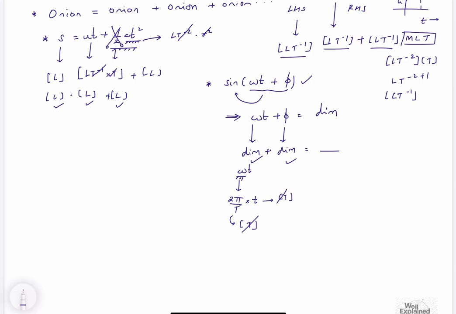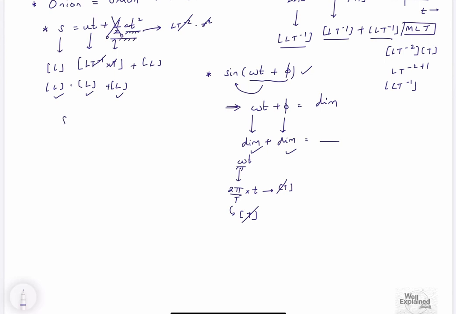For example, I can write s equals ut plus, instead of the half, I would take the half out and I can just write a t squared. It is dimensionally correct. But physically, when you substitute values of a, t, u, and s, you feel that there is some lagging between the LHS and RHS. It is because of this half. And this half is determined usually by experimental nature, or they determine it by deducing formulas.